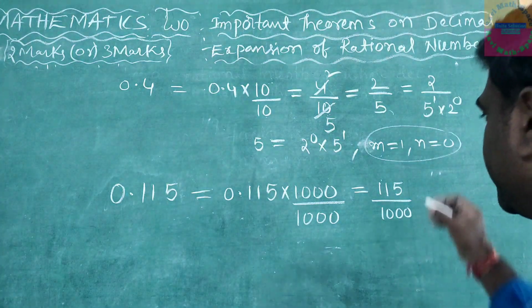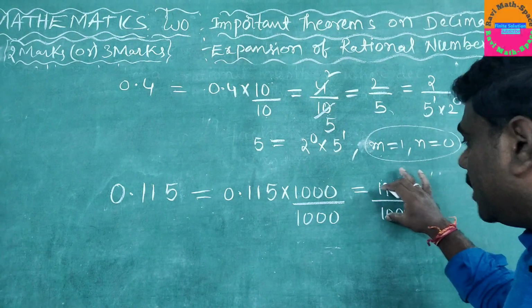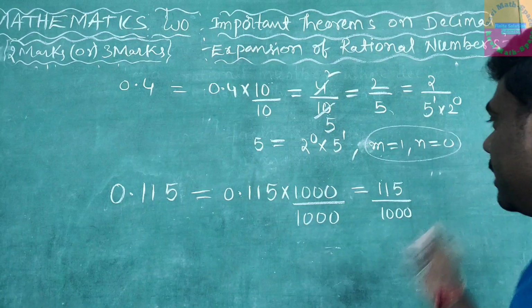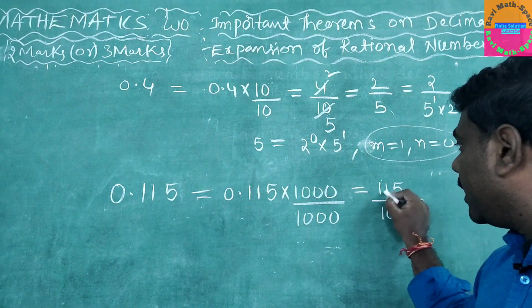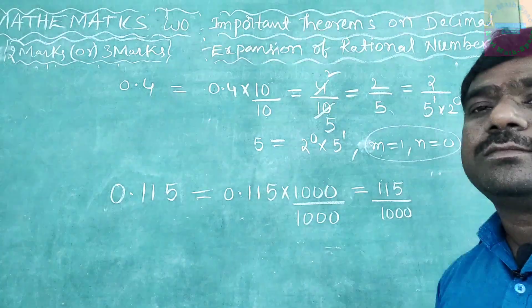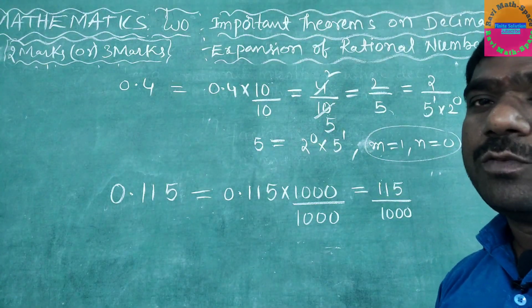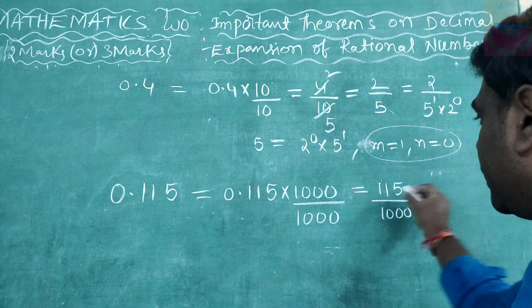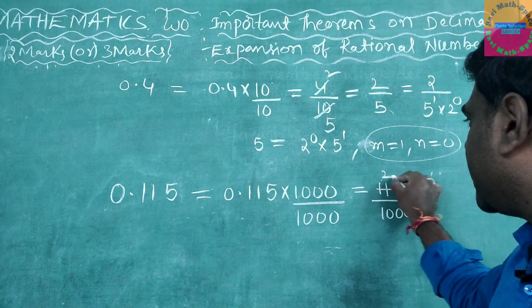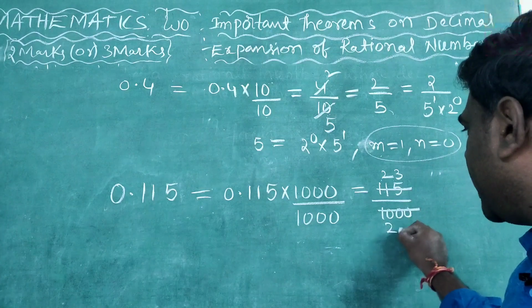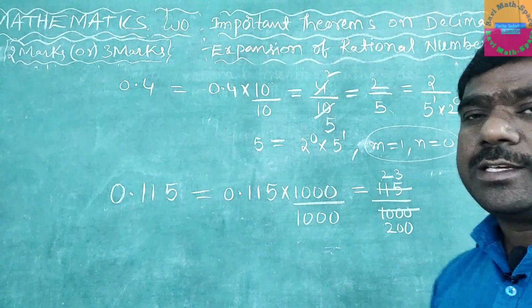Now see, is it in the lowest form or not? No. Why? Because 115 and 1000 can be divided by 5. Yes or no? Yes. Dividing, 5 times 3 is 15, 5 times 2 is 10, and 2 zeros as it is.